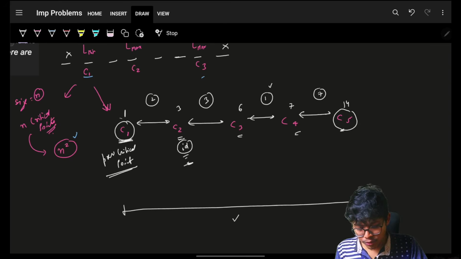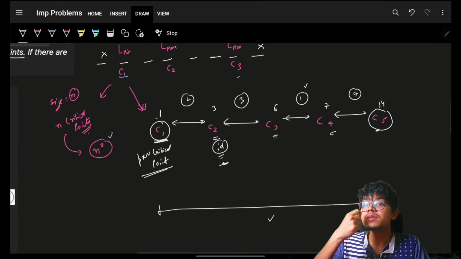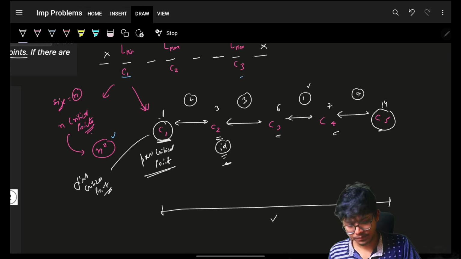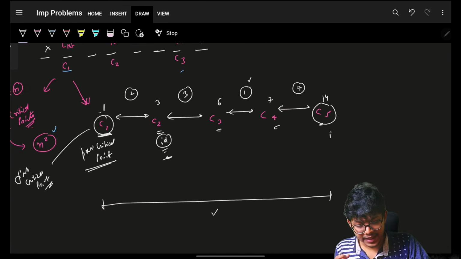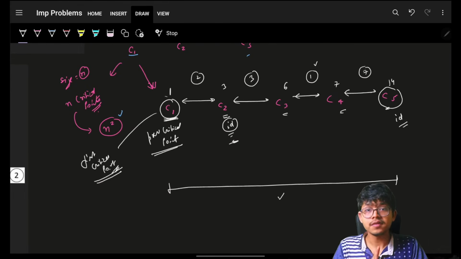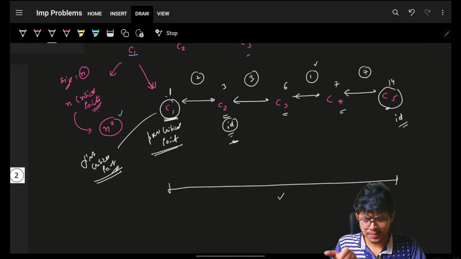Okay, so we realize that we need one more variable, which will be my first critical point. And whenever I am at any specific index ID, I will check my distance with the first critical point. Now you might ask, Aryan, isn't it same? Like previous critical point is same?